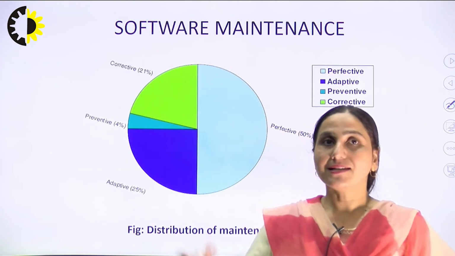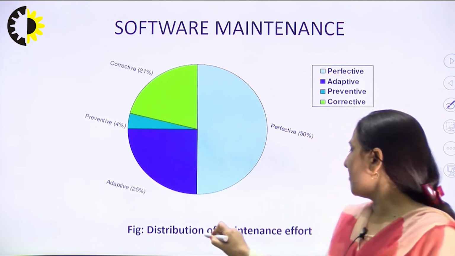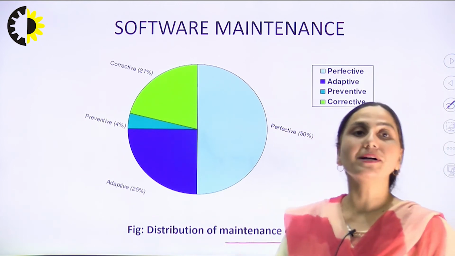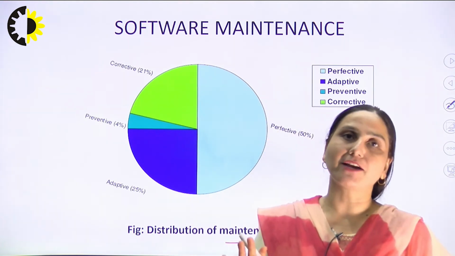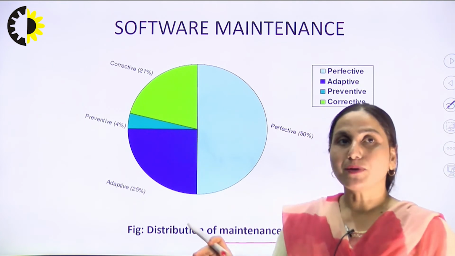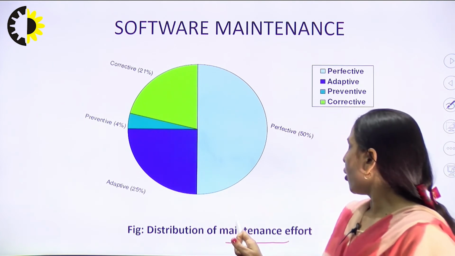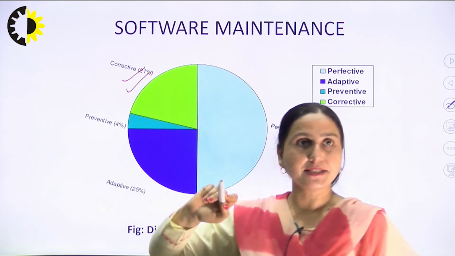Now, this is the figure which shows the distribution of maintenance effort. That means how much effort is required based on those 4 categories that we have already discussed. As you can see in this particular figure, about 21% of the maintenance effort is required for corrective maintenance, right?